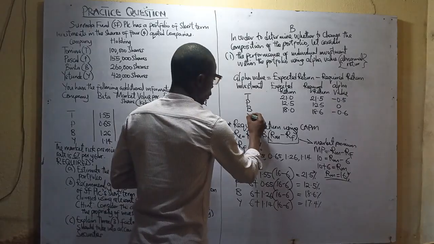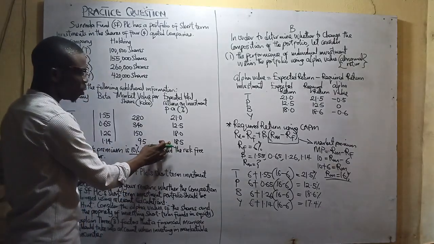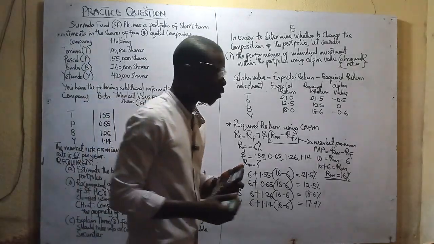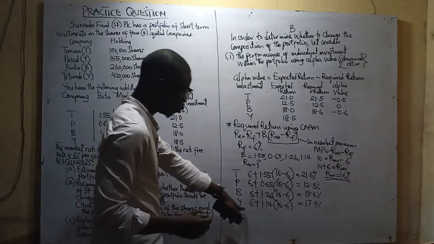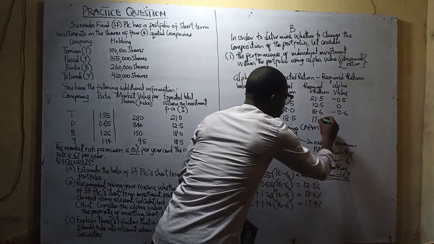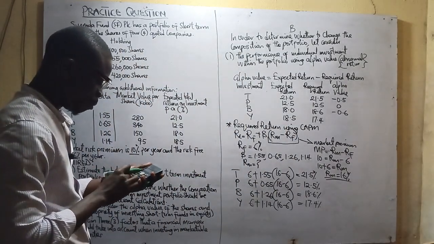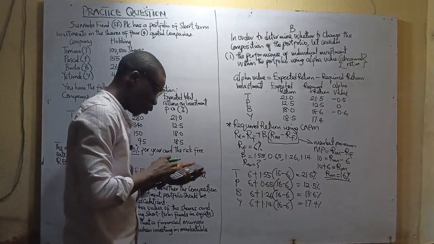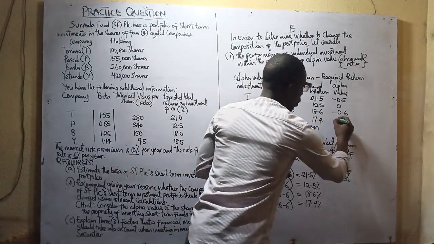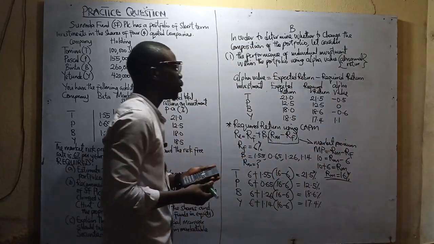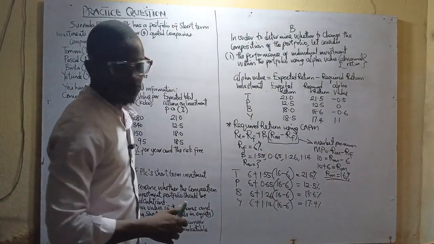So let's go to the last investment, which is Y. For Y, the expected return is 18.5. The required return, which we have calculated, is 17.4. So 18.5 minus 17.4 will give us 1.1. Now, based on the alpha value that we have calculated, let's make some decision now.